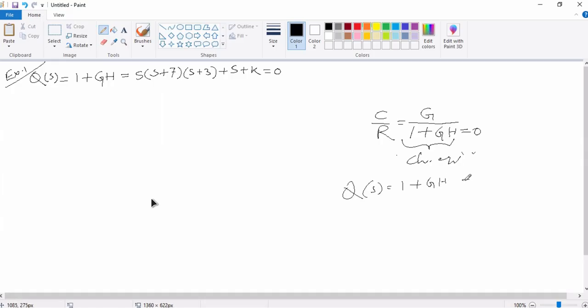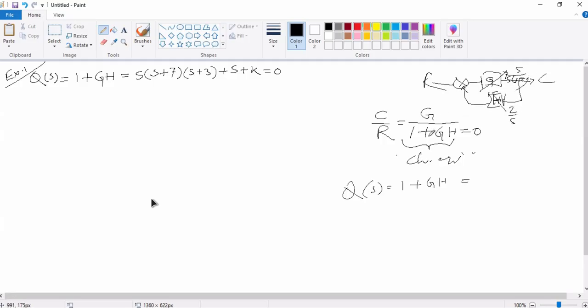Now if you put G and H here in the canonical form, with C and R, you get G equal to 5 by s into s plus 1, s plus 2, and H equal to 2 by s.